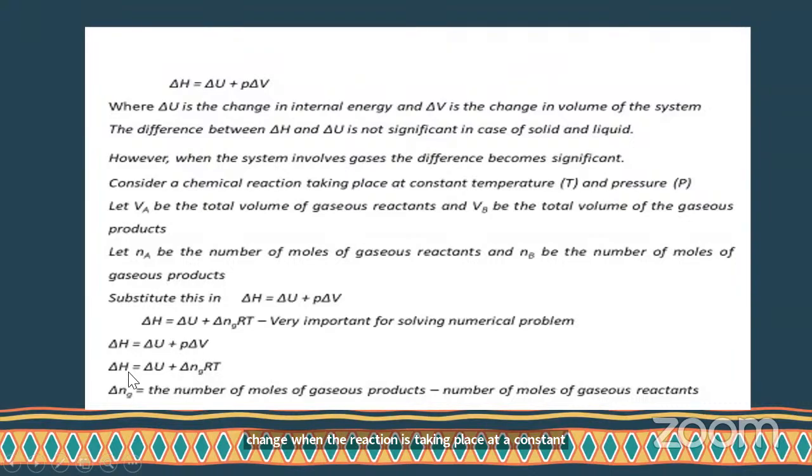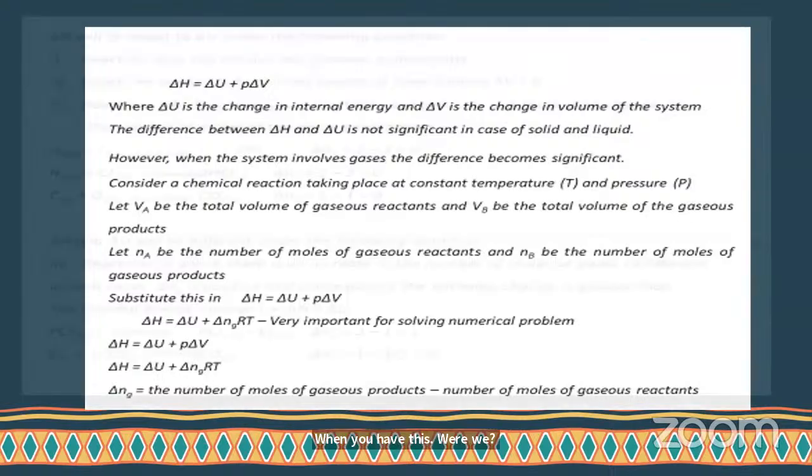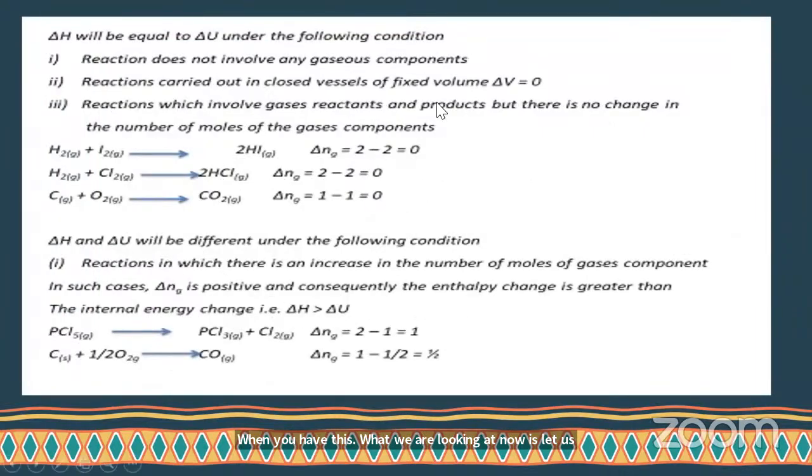When the reaction is taking place at constant temperature, the change in enthalpy is given as the change in internal energy plus the change in the number of moles of the gaseous substances times R and T, which is the gas constant and the temperature. Now, let us give a summary of all the conditions for this to take place.